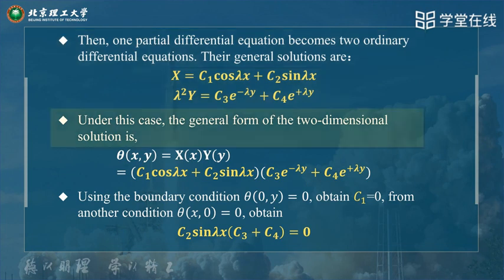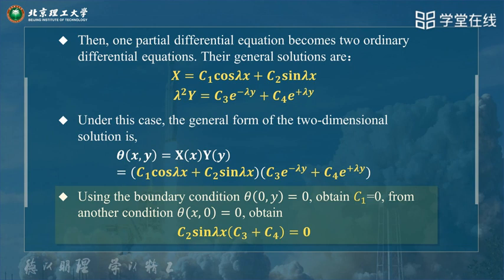The general form of the two-dimensional solution is the product: theta(x, y) equals X times Y, these two terms together. It becomes very long. Here C1, C2, C3, C4 are the integration constants. We can obtain them from the boundary conditions.